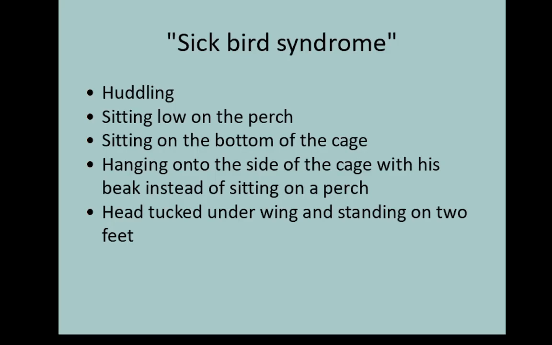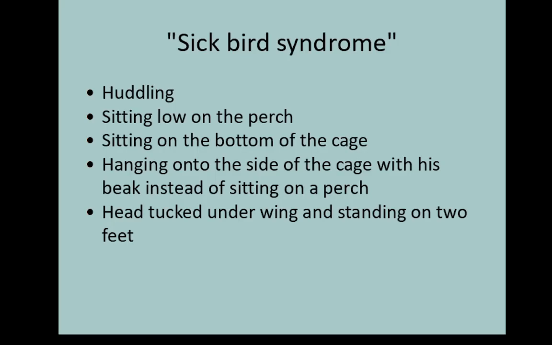Then it could be an indication of a disease process. Now the next one is not really observable in chicken, but for most birds: hanging onto the side of the cage using the beak instead of sitting on a perch. This could be an indication of a disease process.